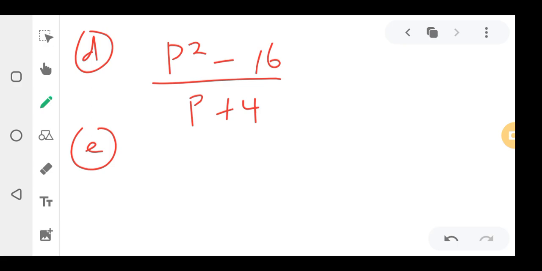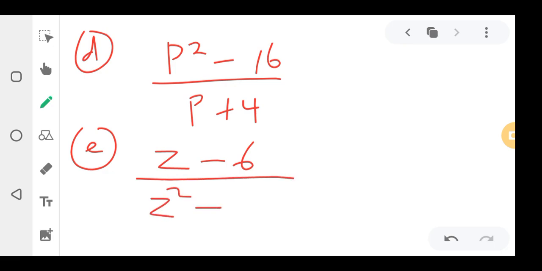E it is z minus z squared, z minus 6 over z squared minus 36.